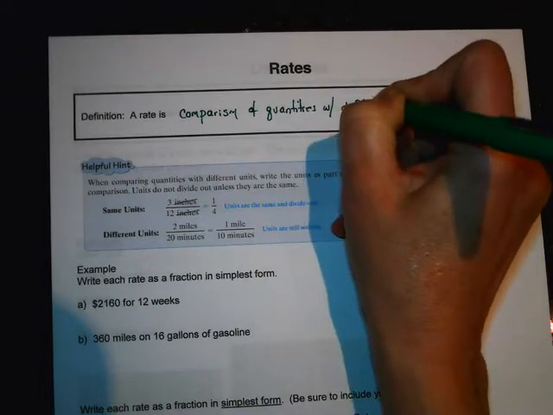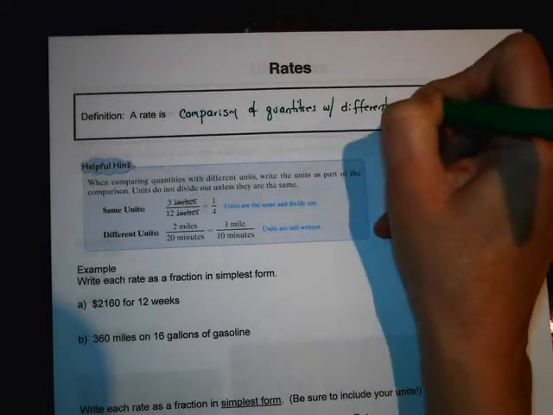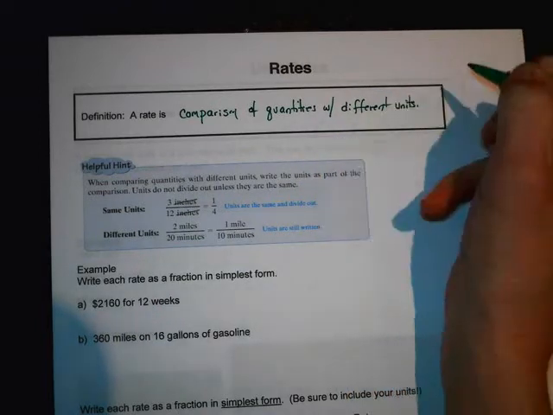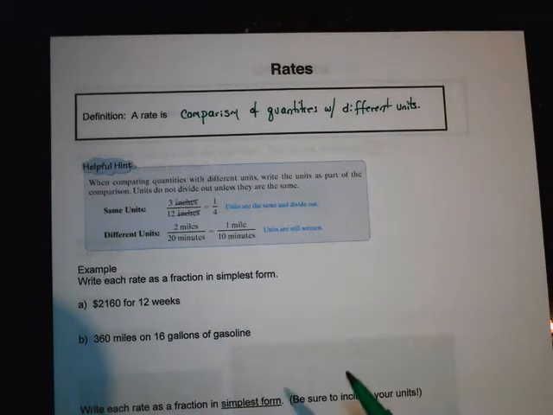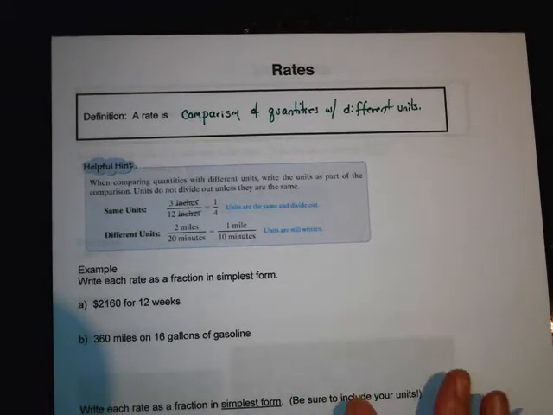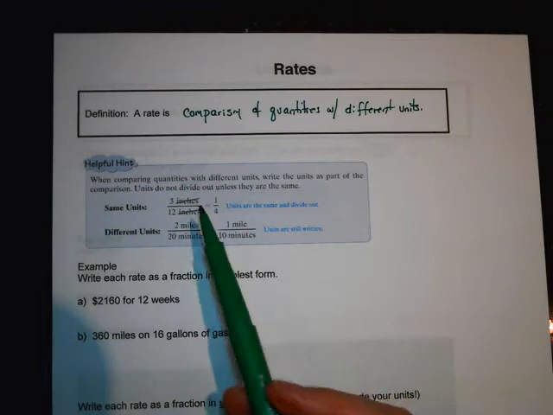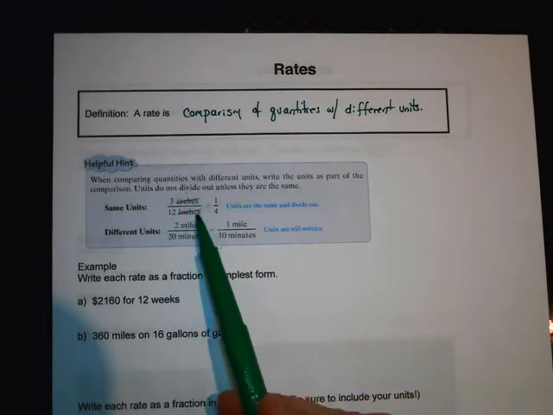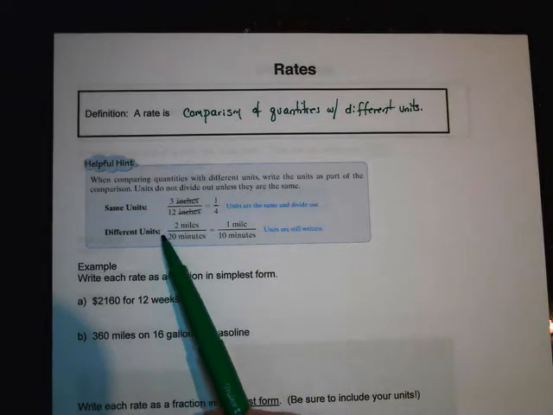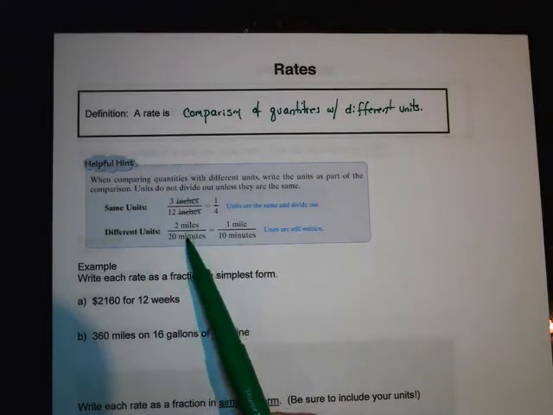So it's a real specific type of ratio. So it's a ratio, but the numerator and the denominator are going to have different units, so we can't cancel them. Like here, this is what we were just doing with ratios, but now we're going to be looking at a ratio where the units are different.